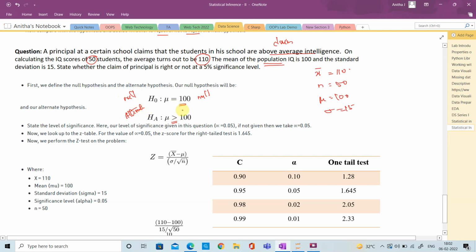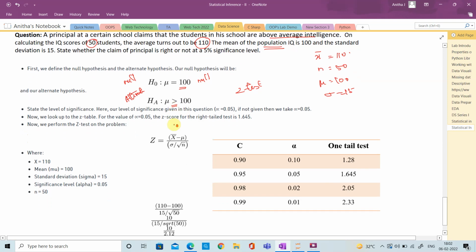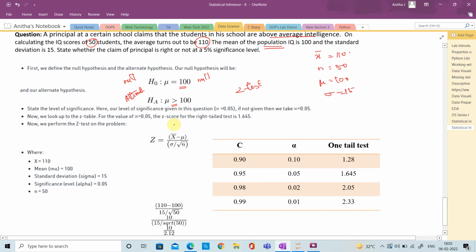Now I am going to test it using the Z test, to decide which claim I need to accept and which claim I need to reject. The maximum rejection level I can take is 5%. That is the level of significance, my alpha value.